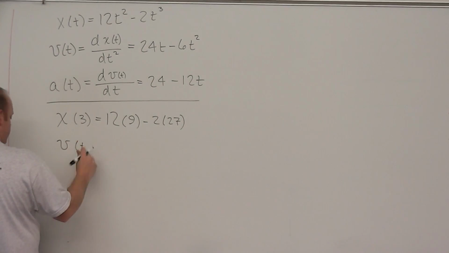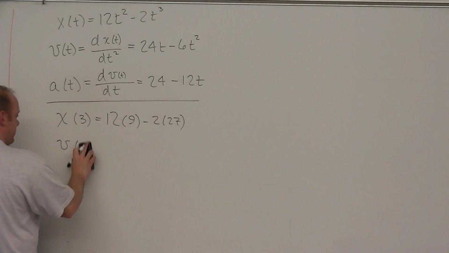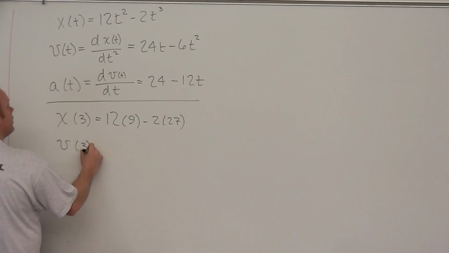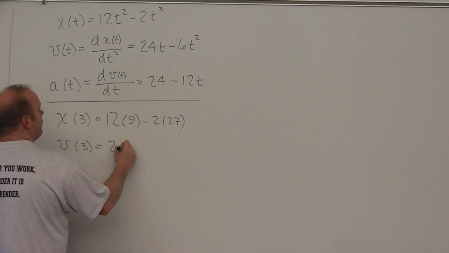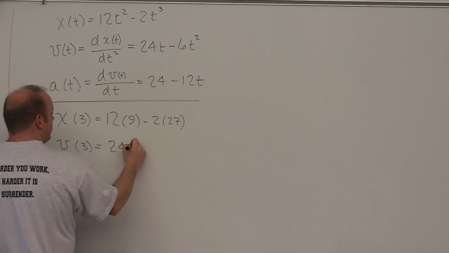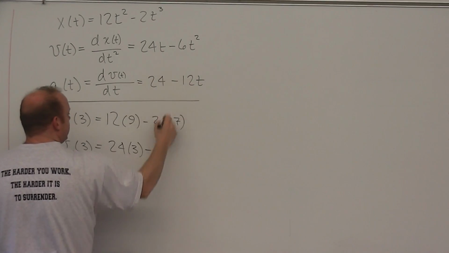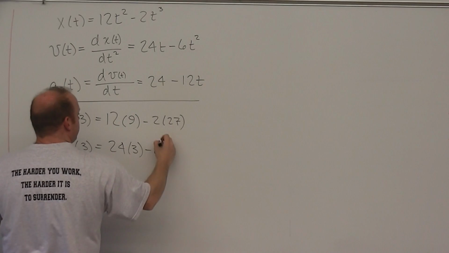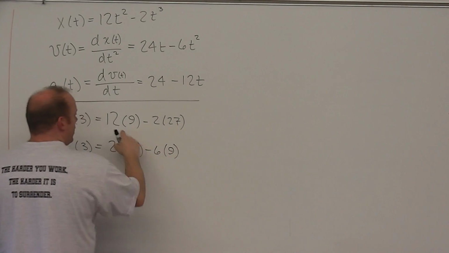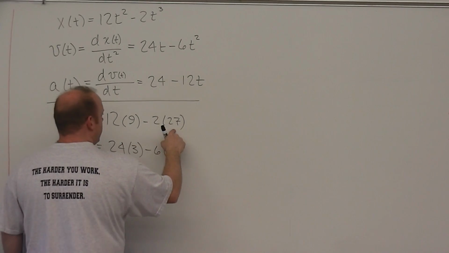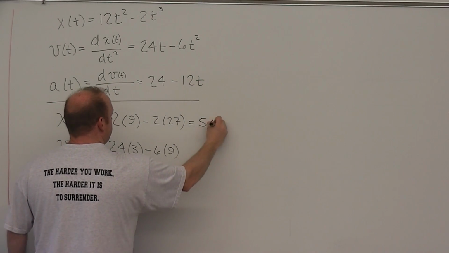Velocity at 3 seconds is going to equal 24 times t, which is 3, minus 6 times t squared, which is 9. By the way, this is 72 minus 54, so this is equal to 18.